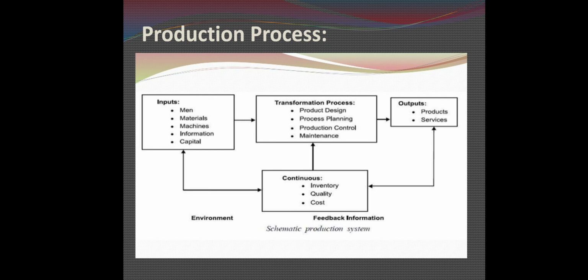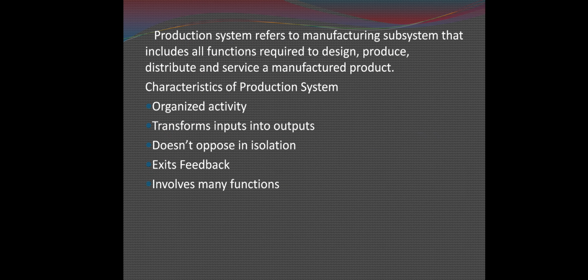That may be politics, government policies, or some environmental factors. So this is our production process. We can say a production process is a process which converts inputs into outputs. Inputs are materials, machines, information and capital, and outputs are products and services.